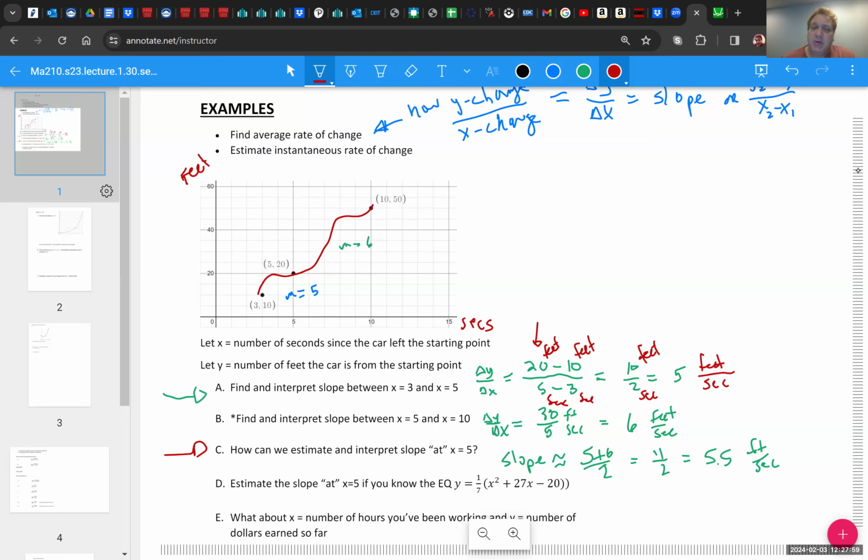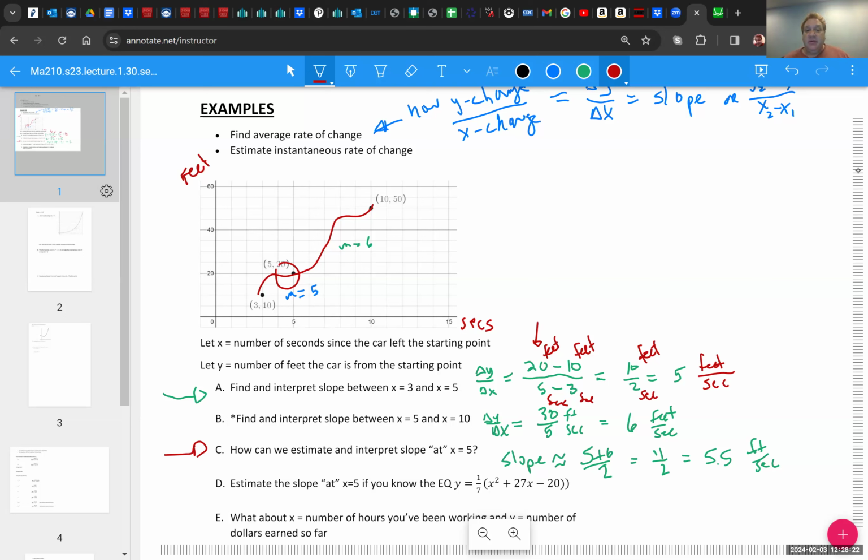Presumably we'd have to look much closer to 5 than 3, right? 3 is possibly too far away to get a good estimate. And 10 is even worse, right? So ideally, to get a good estimate of the instantaneous rate of change, we would need numbers close to our target, in this case, close to 5.